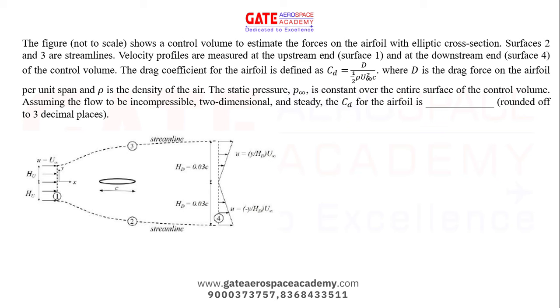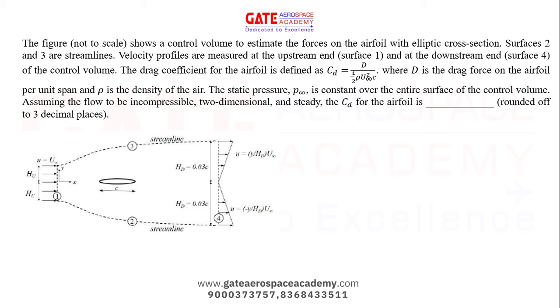Next question. The figure, not to scale, shows a control volume to estimate the force on the aerofoil with elliptical cross section. Surface 2 and surface 3 are streamlines. The velocity profiles are measured at the upstream end, surface 1, and at the downstream end, surface 4, of the control volume.